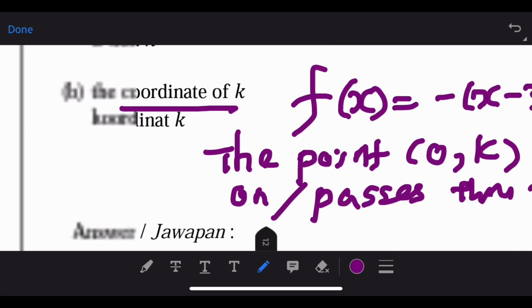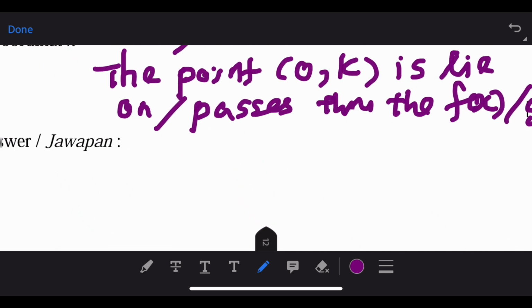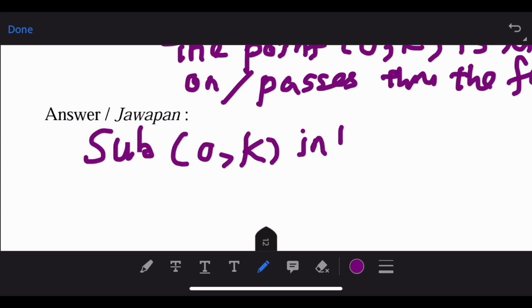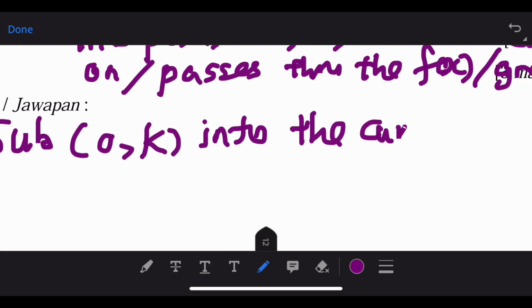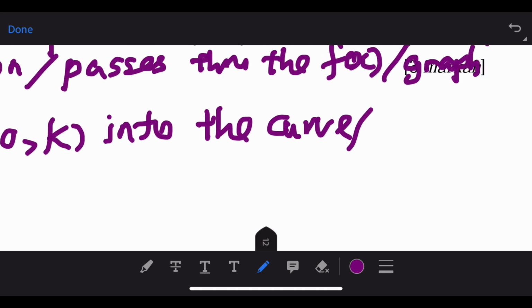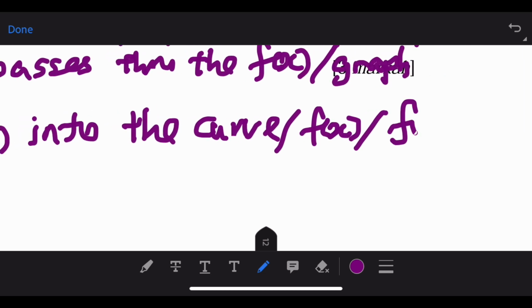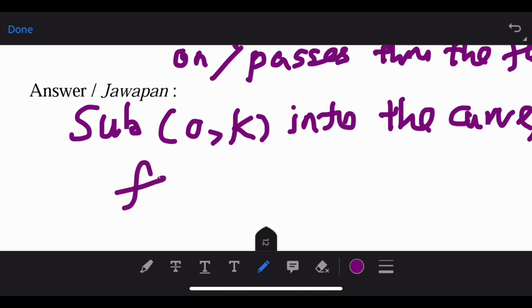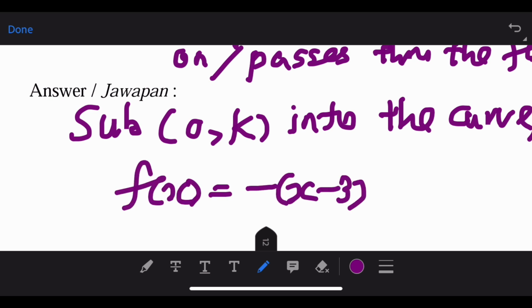So when you see the curve, the graph, the function, all are referring to the y value. When you have the y-intercept, you can write it as (0, k), then you substitute the (0, k) into the curve, or f(x), or the function, or the graph. Now I'm going to substitute the (0, k) into my curve, which is f(x) equals 14 minus (x minus 3) squared.